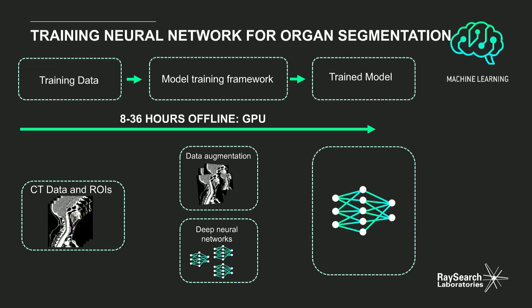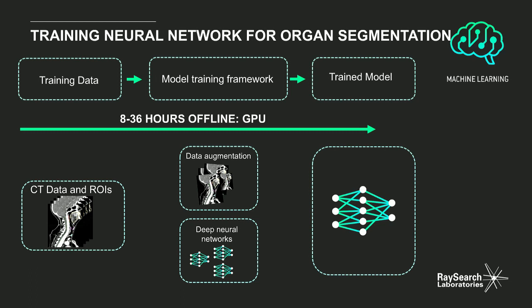If we compare this to the former slides, here the input data is the CT data and the contoured ROIs, typically 50 or 100 patients' data. It could be more, but that's the order of what we see.